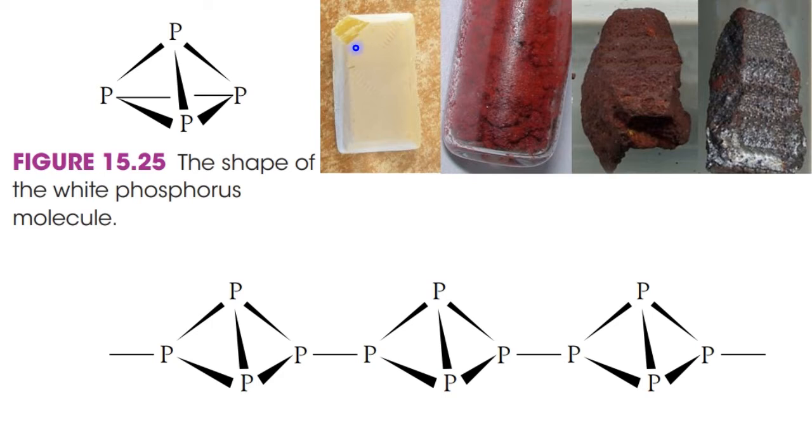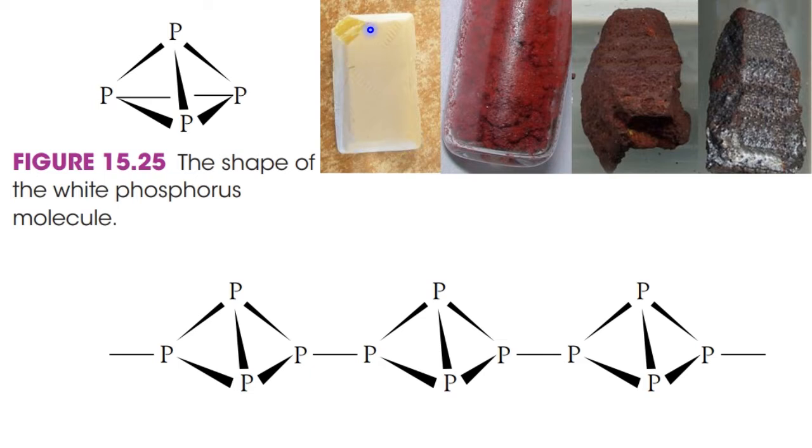In fact, even small impurities in white phosphorus make it slightly yellowish. So there is a common name, yellow phosphorus, for impure white phosphorus. White phosphorus easily reacts with air, even in the cold, and needs to be protected from air.